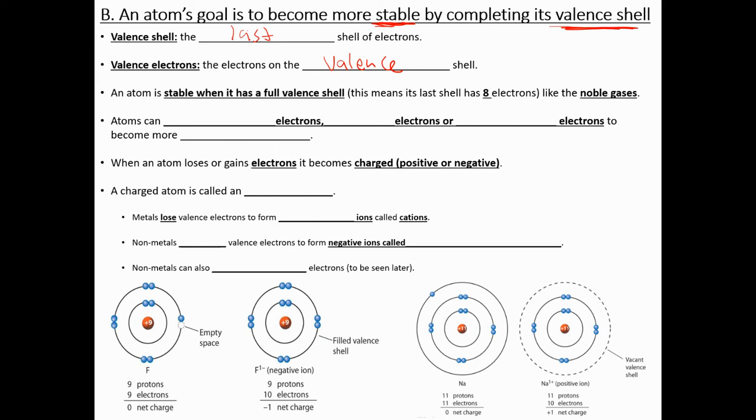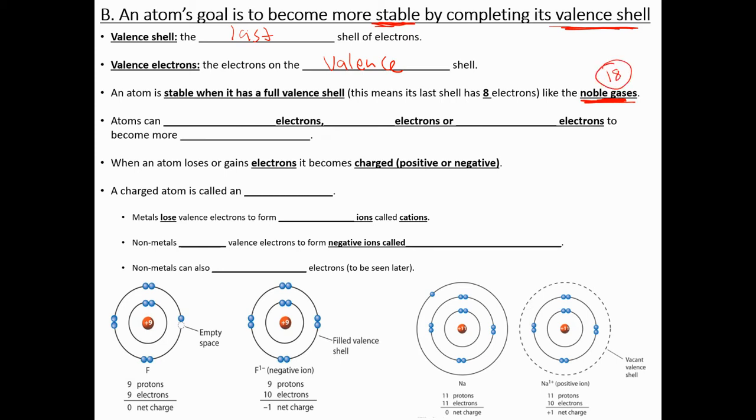So an atom really has reached stability when it has a full valence shell, when it's like the noble gases. When an element has achieved a noble gas valence shell, we say that it has a noble gas configuration. So it's stable like the noble gases in group 18.